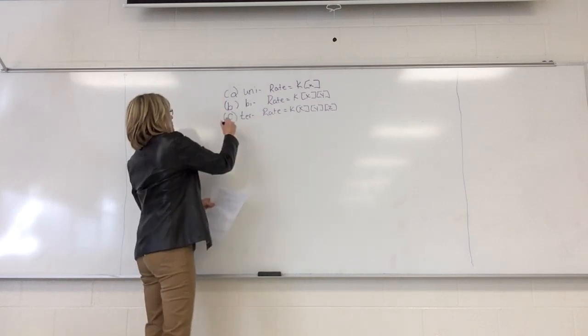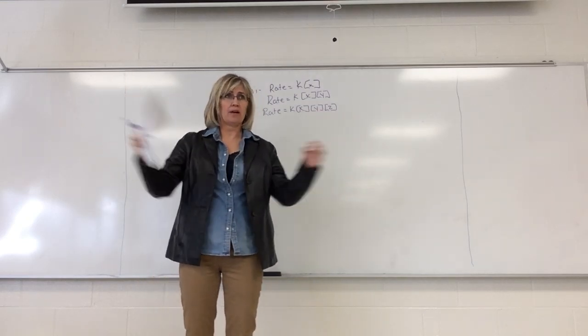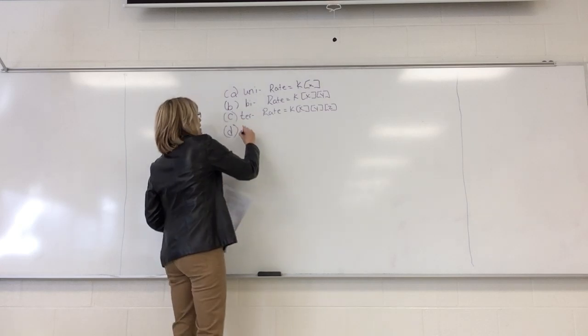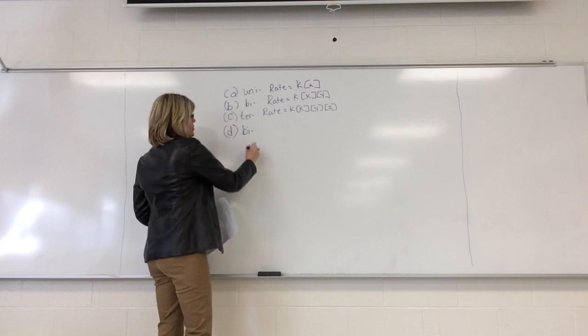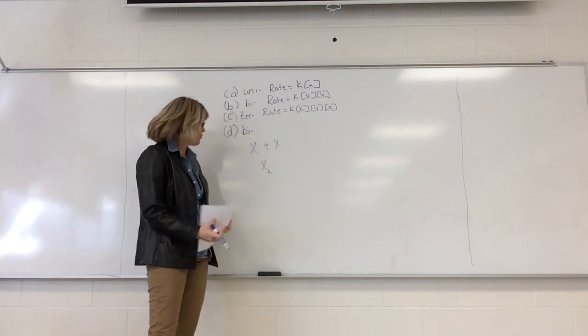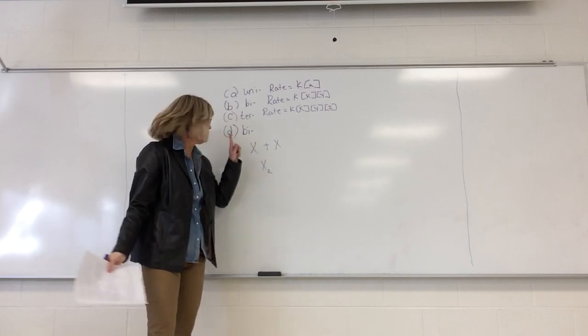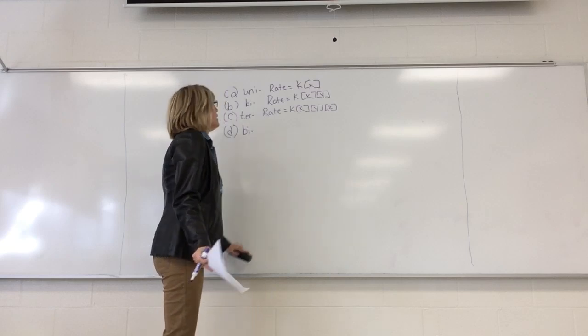D is X plus X. Okay, we've got X, we have another X. They got to collide, so this is bimolecular. All right. Notice this was written X plus X. It was not written like this, was it? If it was written like this, it would be uni. It is written like that, so it's bi. All right? Okay?